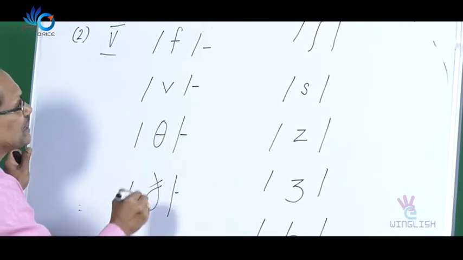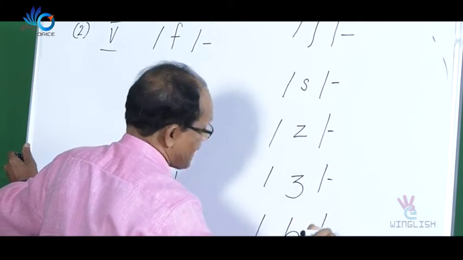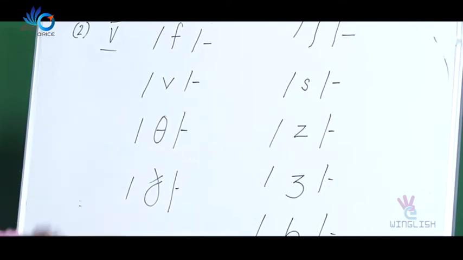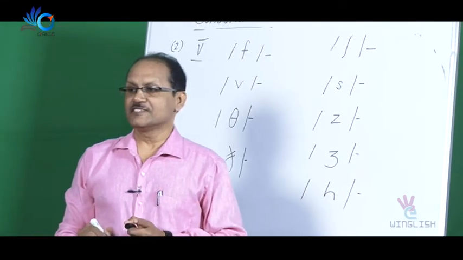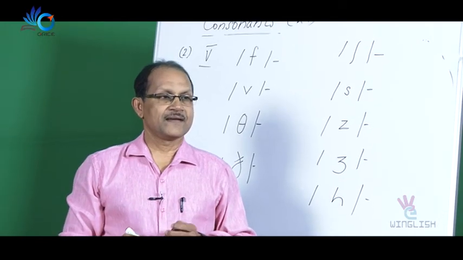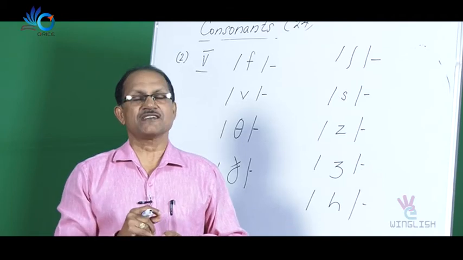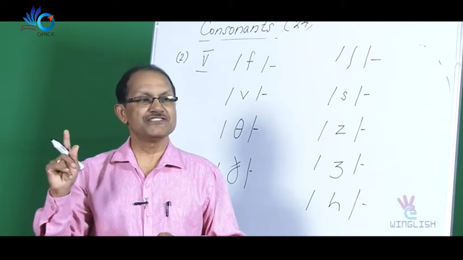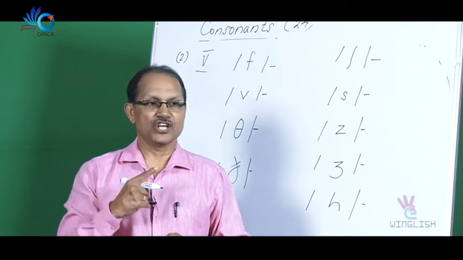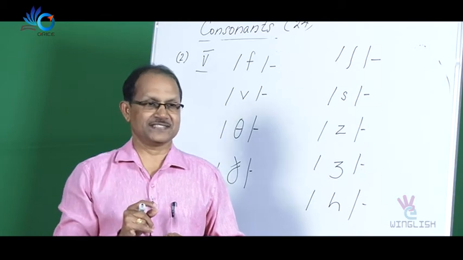Now let us see how we articulate these sounds. Take the first one. Yes, the articulators are, you have noted down, the articulators are lower lip and upper front teeth.